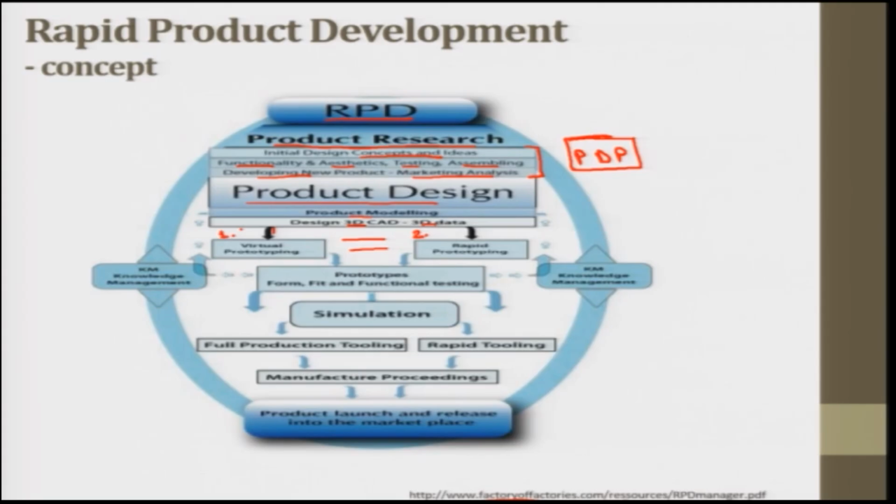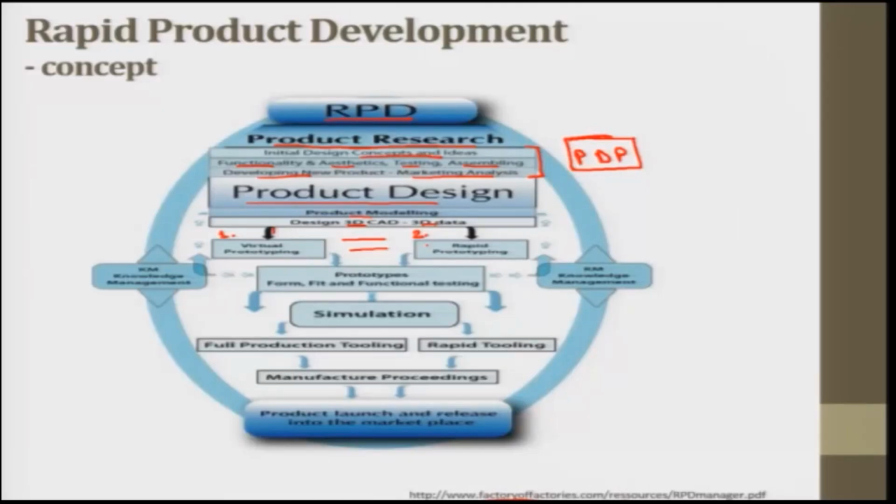Virtual prototyping is the finite element analysis or computational fluid dynamics or certain other computer aided engineering that we do only on the computer without actually producing the product. That is virtual prototyping. Now, rapid prototyping is actually manufacturing the product and testing that product in realistic or controlled laboratory conditions. So, these two things can happen.